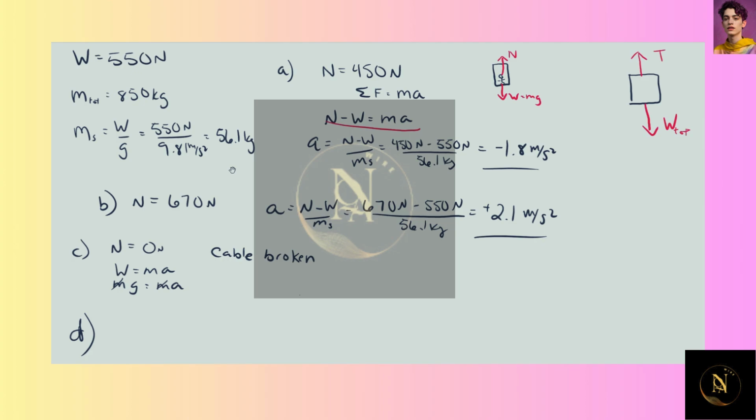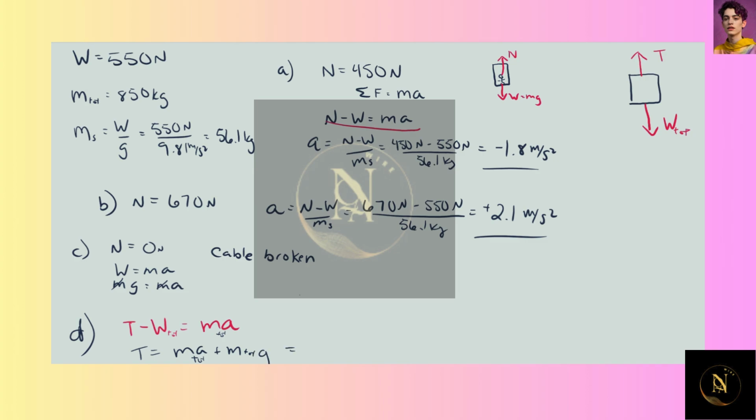Acting on the elevator, that means the tension minus the total weight is equal to the mass times the acceleration. We just want to solve for the tension, so we're going to add the weight to the other side. This is going to give us m total times a, plus the weight, which is m total times g.